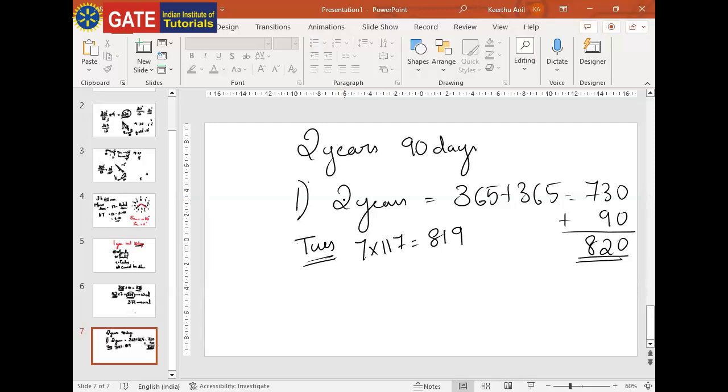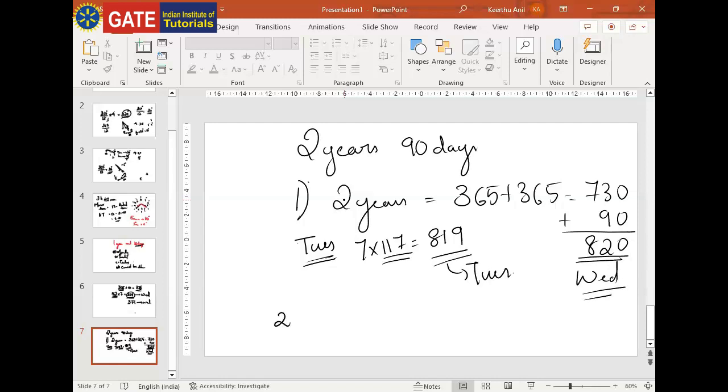So 117 weeks have gone and on the 819th day, your day will again be a Tuesday. So the 820th day will be Wednesday. So the answer will be Wednesday if both of them are non-leap years.